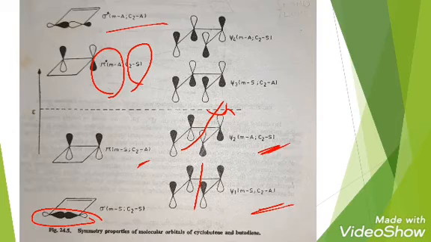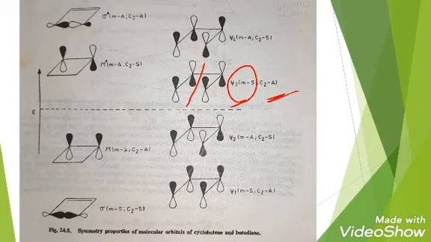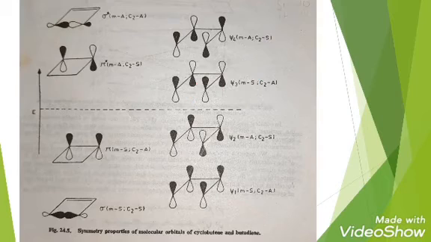The psi3 orbital is symmetric with respect to the mirror plane but anti-symmetric with respect to the C2 axis, and the psi4 orbital of butadiene is symmetric with the C2 axis, anti-symmetric with respect to the mirror plane.